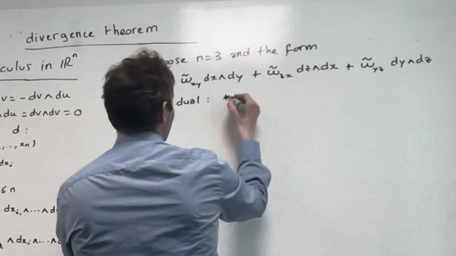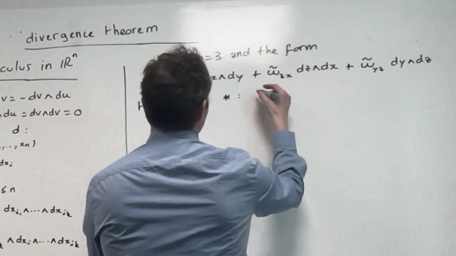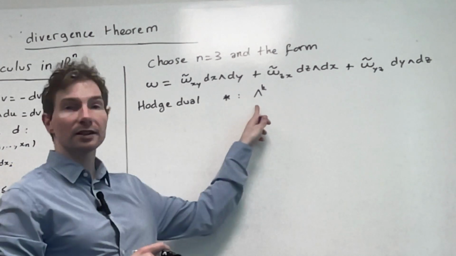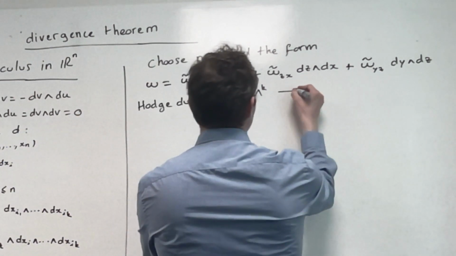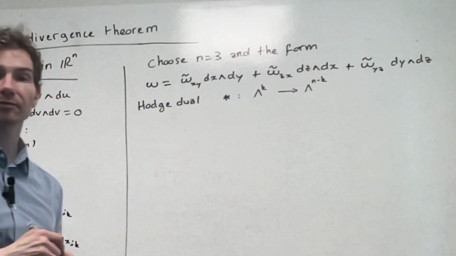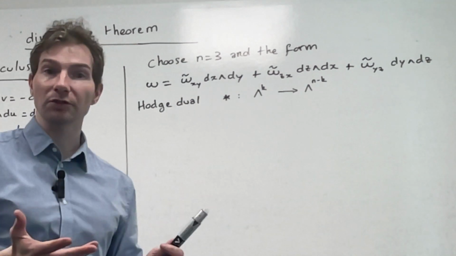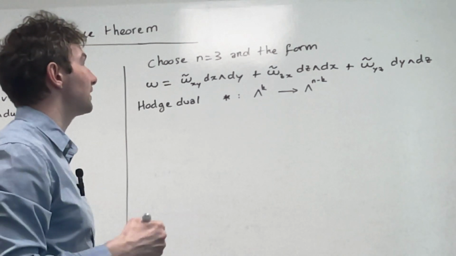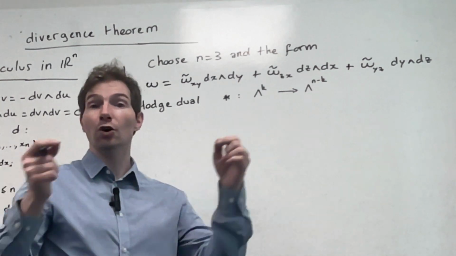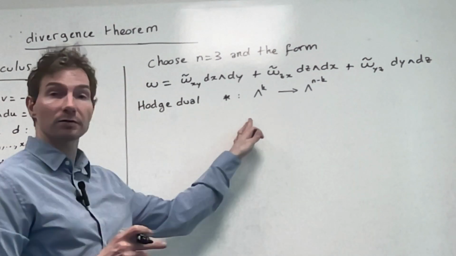And the star operator is basically taking a form omega in lambda k, and it's returning another form, but that is in lambda n minus k. Okay, and so here I'm just going to specify how that works when we have k is equal to 2 and we are in n is equal to 3. So it means we are able to return a 1 form, which basically is a vector, from a 2 form.